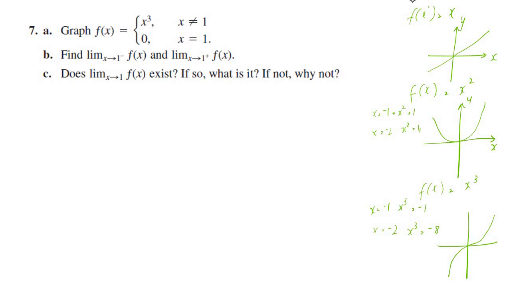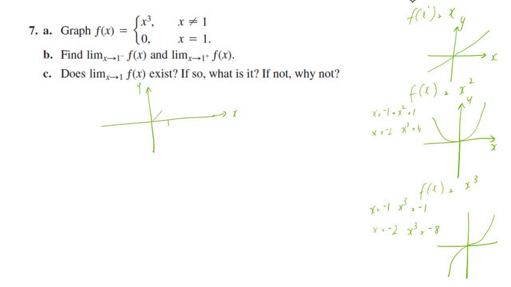Okay. So they want you to draw x cubed everywhere except when x is equal to 1. So let's do this. This is the x-axis and this is the y-axis.